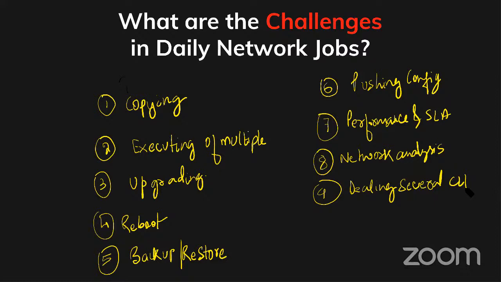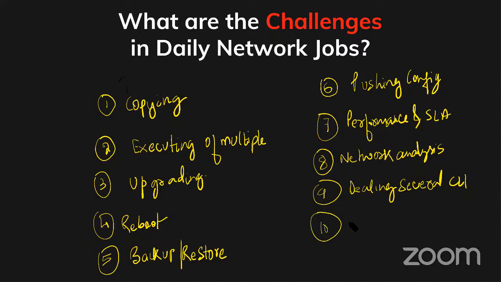But those who are non-technical or non-network background, especially the freshers into networking, will have an issue. They will not even remember a simple command to get the interface brief. They might commit mistakes. They do not know, right? So this is one challenge which we see.